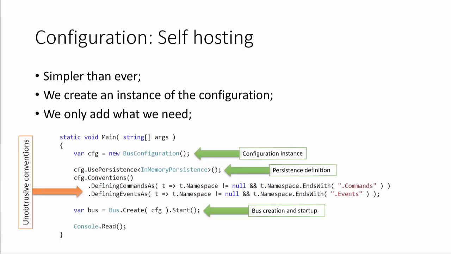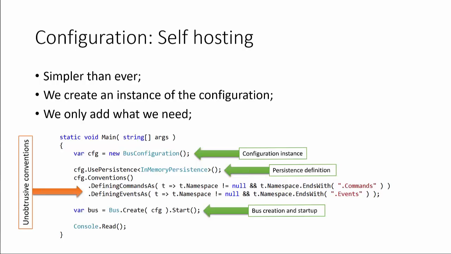So we are creating a new bus configuration. We are configuring persistence as before. We are configuring unobtrusive conventions as before. And the only last thing we are required to do is to create the bus from the configuration and start it. If we are hosted by the NServiceBus host, the bus creation and the bus configuration creation is handled by the NServiceBus host itself.